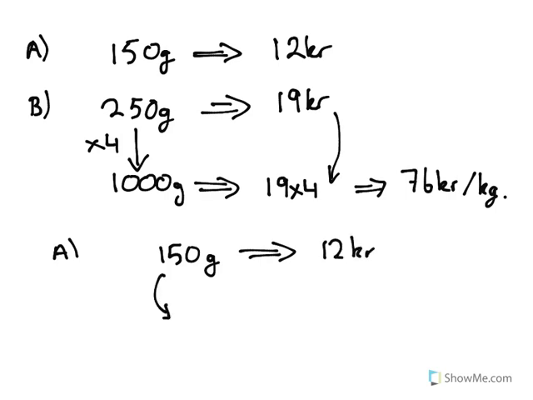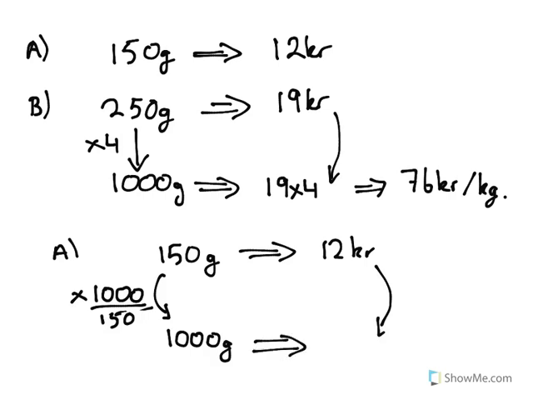Then with bar A, we know that 150 grams is equivalent to 12 kronas. We don't want to know what 150 grams is, we want to know what 1,000 grams is. How can we get from 150 to 1,000? Well, we've got our 150, and if we multiply it by 1,000 and divide it by 150, the 150s cancel, so it gives us 1,000 grams.